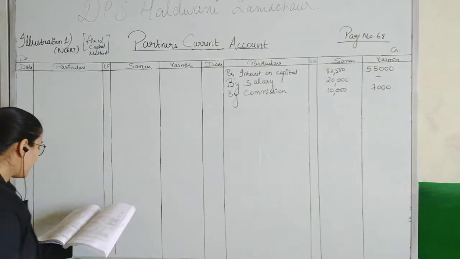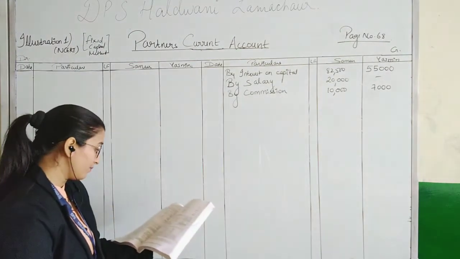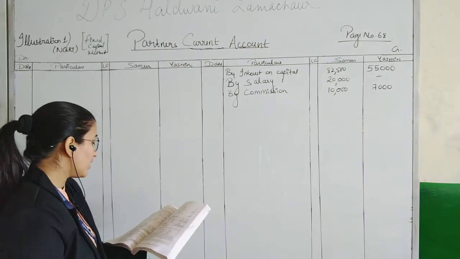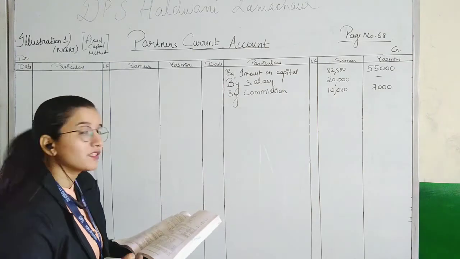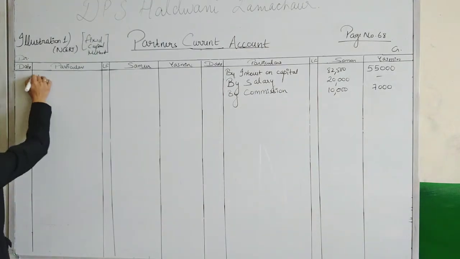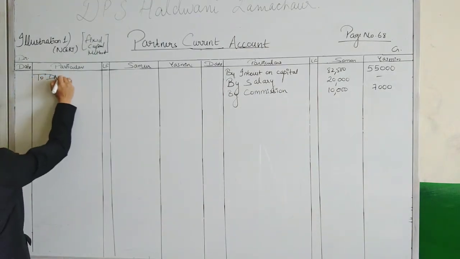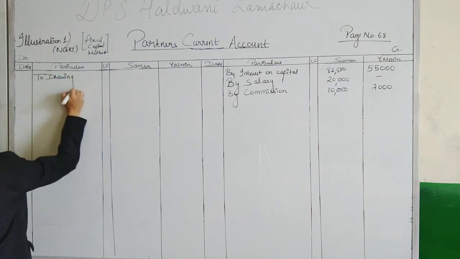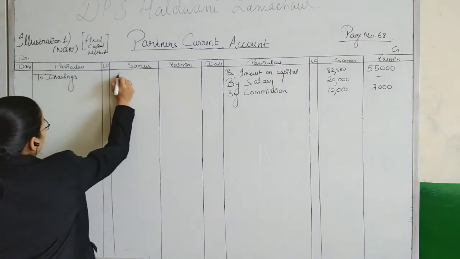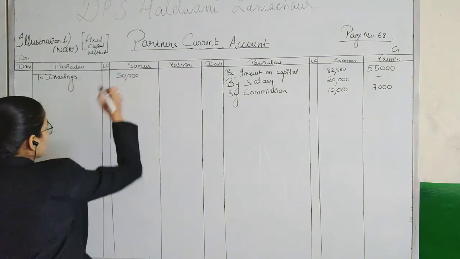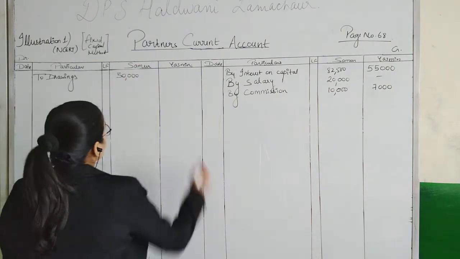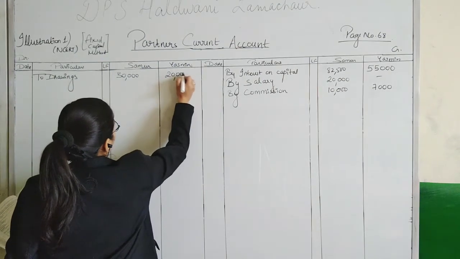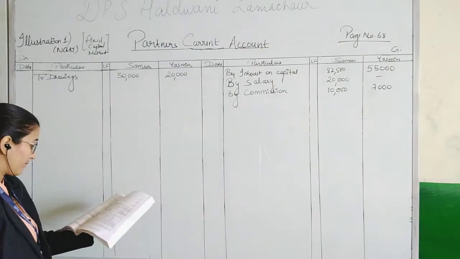Now according to the information given in the question, drawings during the year 2014 to 2015 for Sameer was 30,000. So we will write here to drawings. Drawings of Sameer was 30,000 and Yasmin amounting to 20,000.